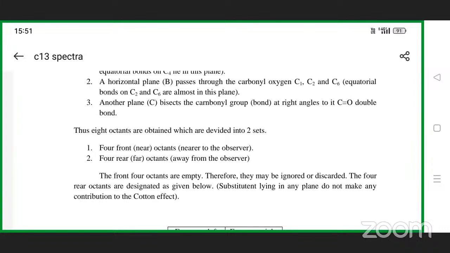Generally the rear side coordinates are the mirror images of your front coordinates. So we'll consider any one, because we consider only 4 coordinates, not 8 coordinates here. But generally it has 8 coordinates.